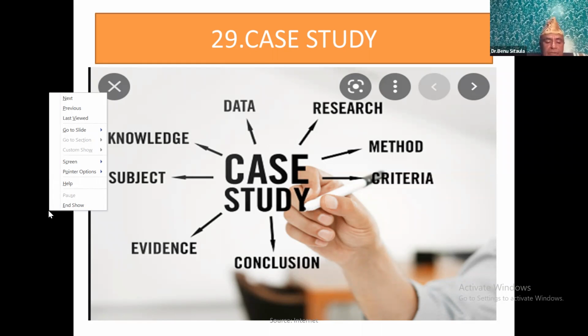Case studies can be used in a variety of fields, including psychology, medicine, education, anthropology, political science, and social work. The hope is that learning gained from studying one case can be generalized to many others. Unfortunately, case studies tend to be highly subjective, and it is sometimes difficult to generalize the results to a larger group.